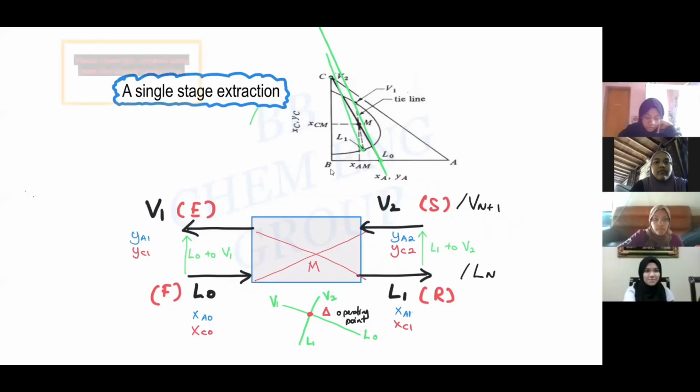It's not quite right, but what I want to tell you is that they will meet, they will intercept near the end here. That intercept is called the operating point. So if they intercept at the operating point, it means you're going to use this operating point as the reference point to get the rest of the stages.